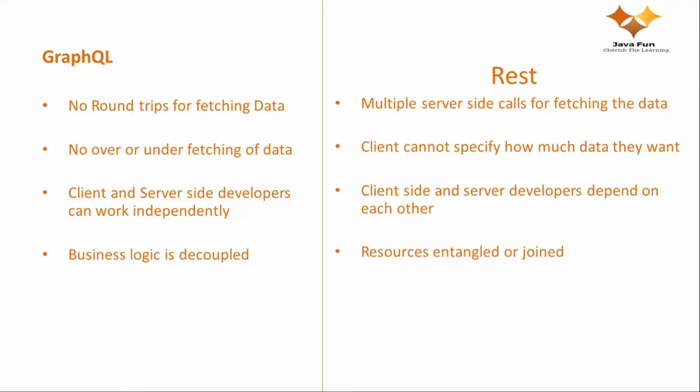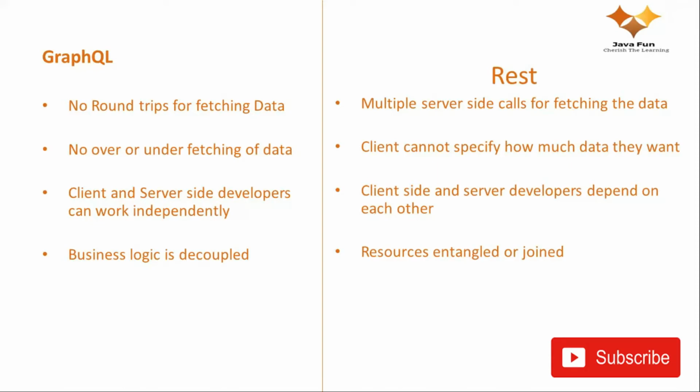There is no need for them to collaborate as heavily. It helps hasten the development process, so it will be more rapid development in case of GraphQL. In case of REST, it needs more collaboration between the server and client-side developers.